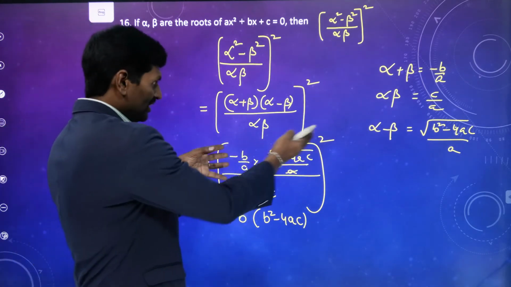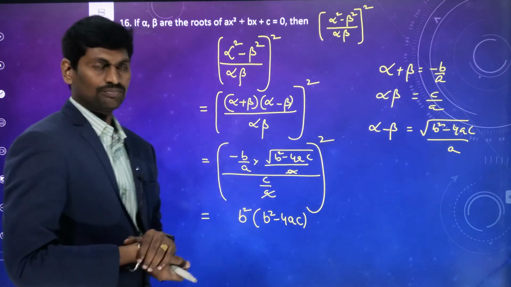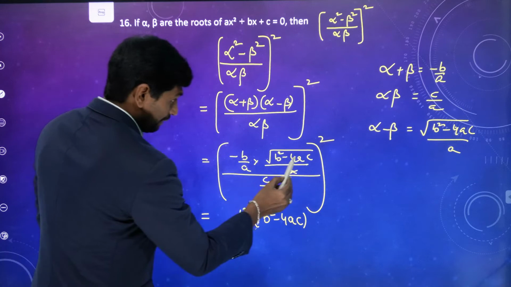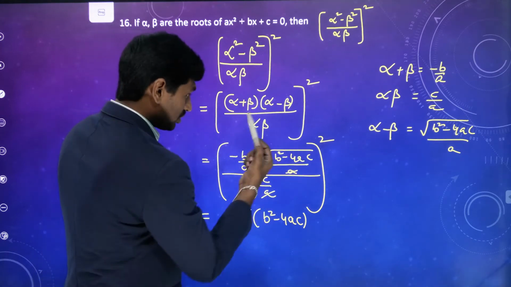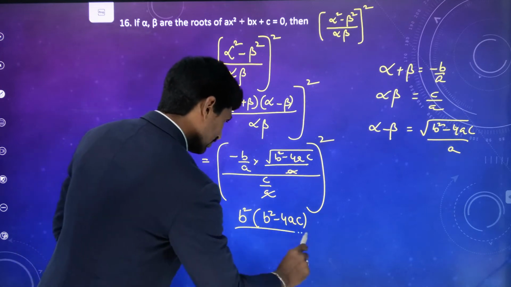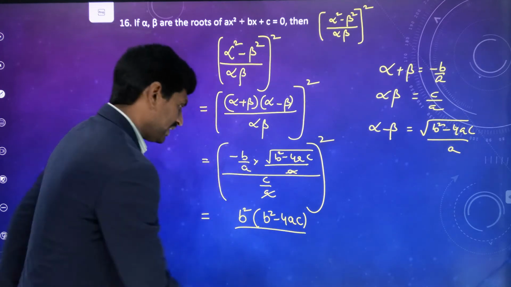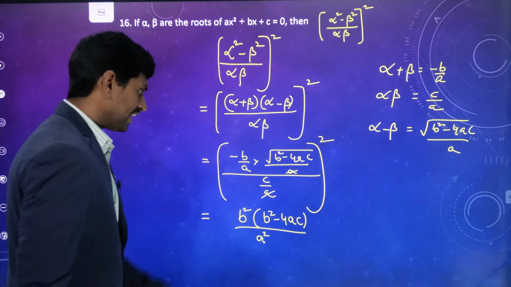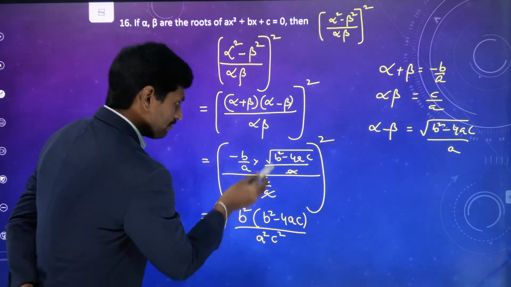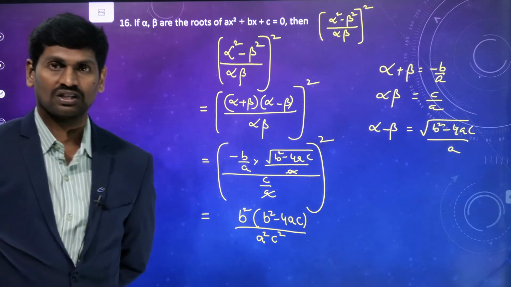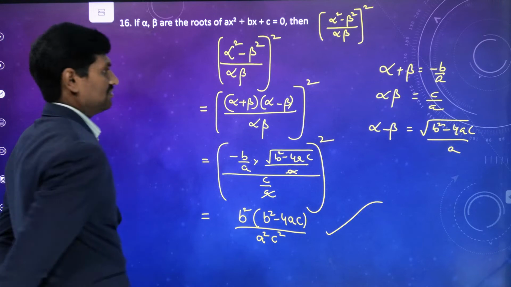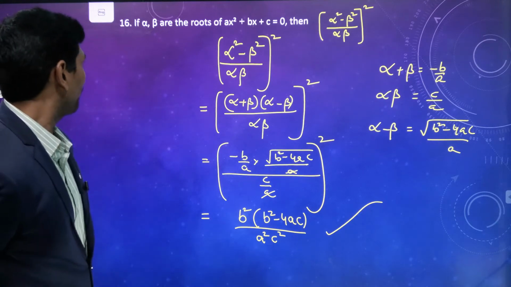We have to apply this square for each and every term. I applied for minus b, it becomes plus b square. I applied for this square root, root square cancel, remains b square minus 4ac by. When I apply for a, it will be a square, and apply for c, it will be c square. But c will be in the denominator. Okay na? So your option is this. Check the option wherever it is.